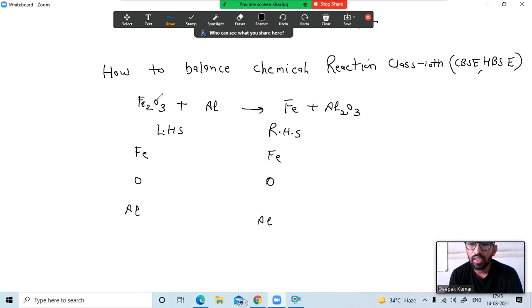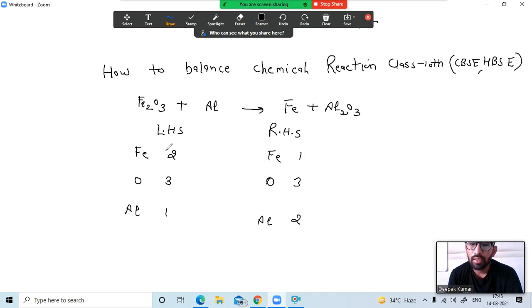Now on the left hand side check: iron is 2, oxygen is 3 and aluminium is 1. On the right hand side, iron is 1, oxygen is 3 and aluminium is 2.